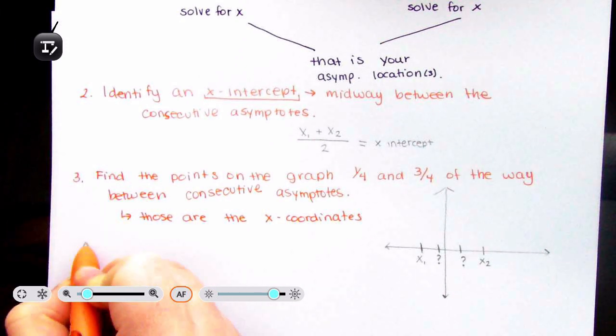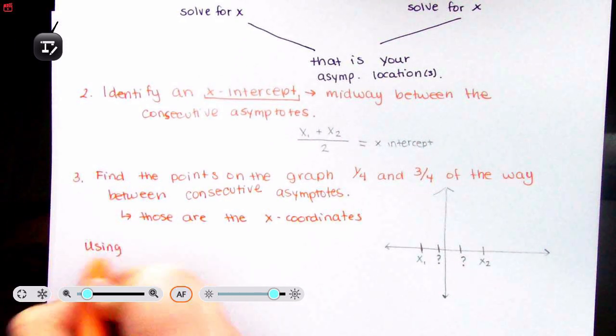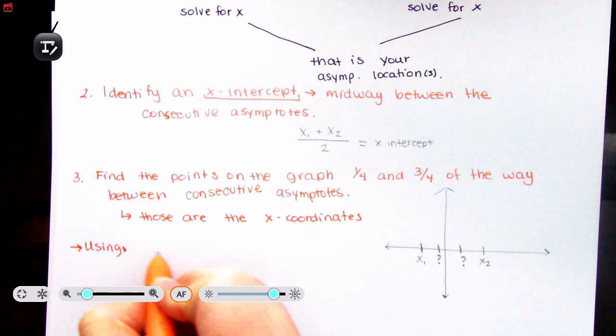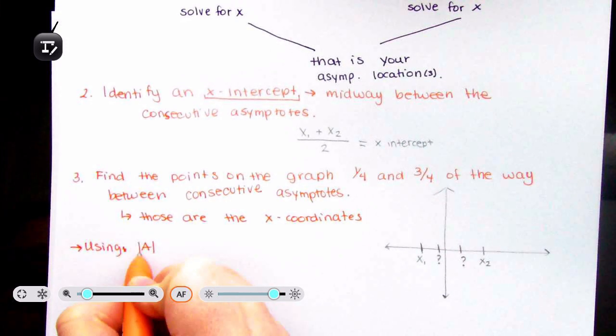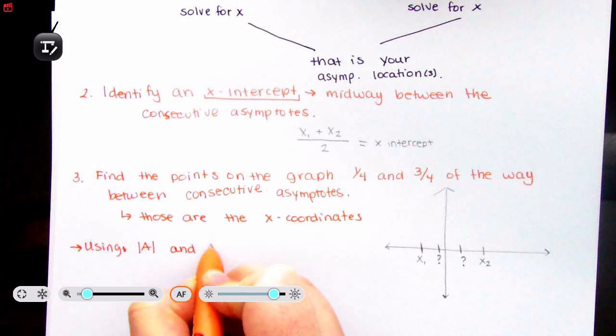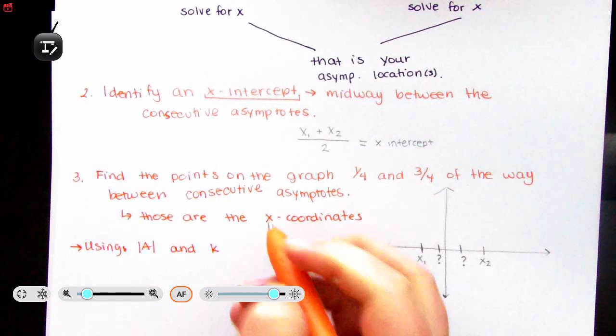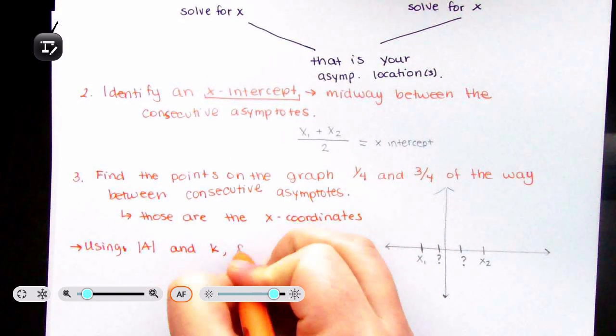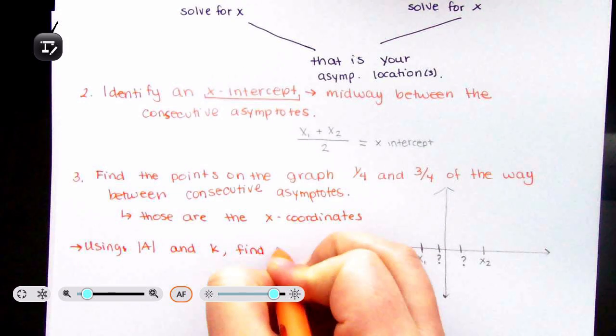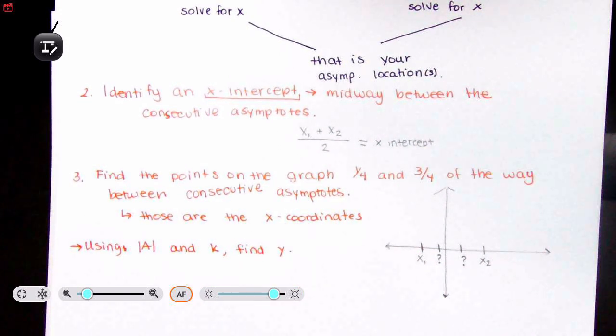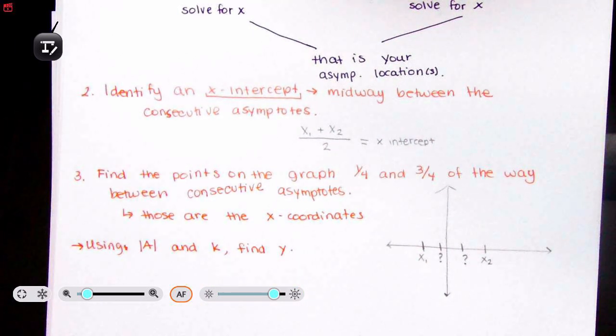And then using amplitude and your K value, find y. Again, this will make a little bit more sense once we start with an example.